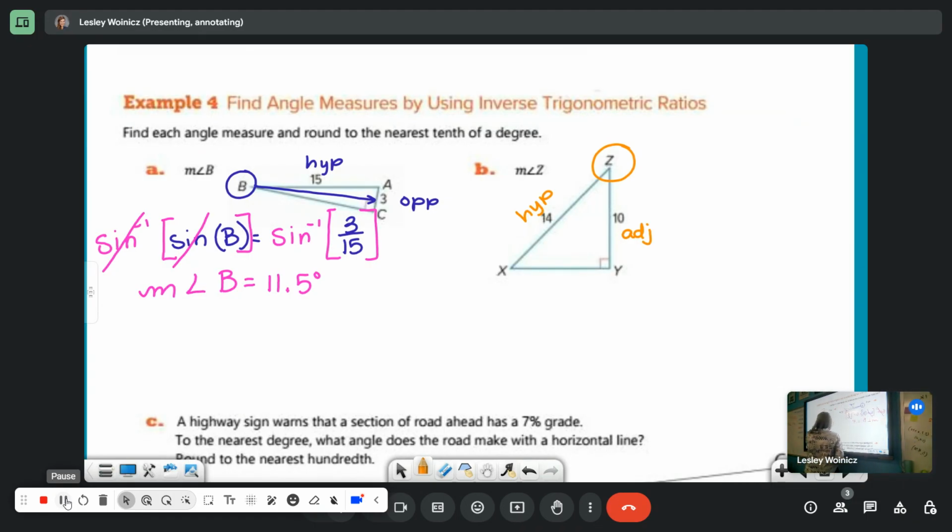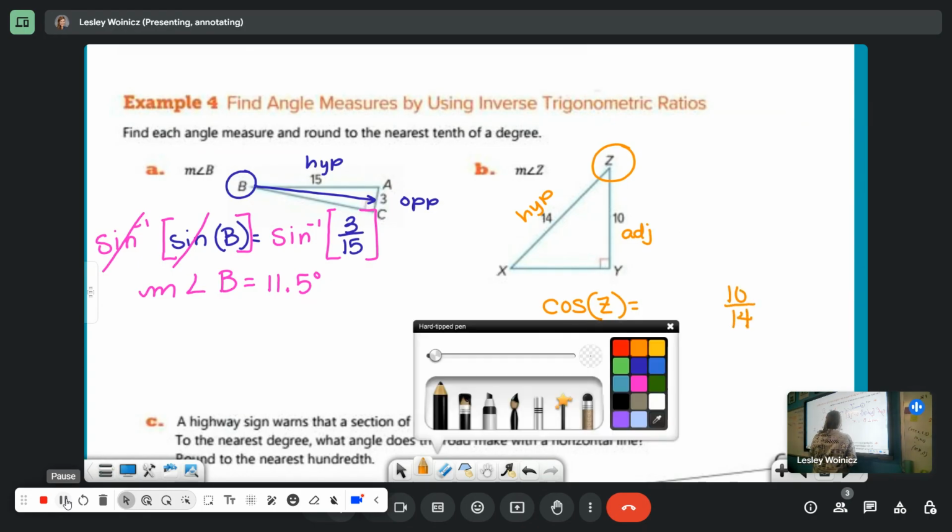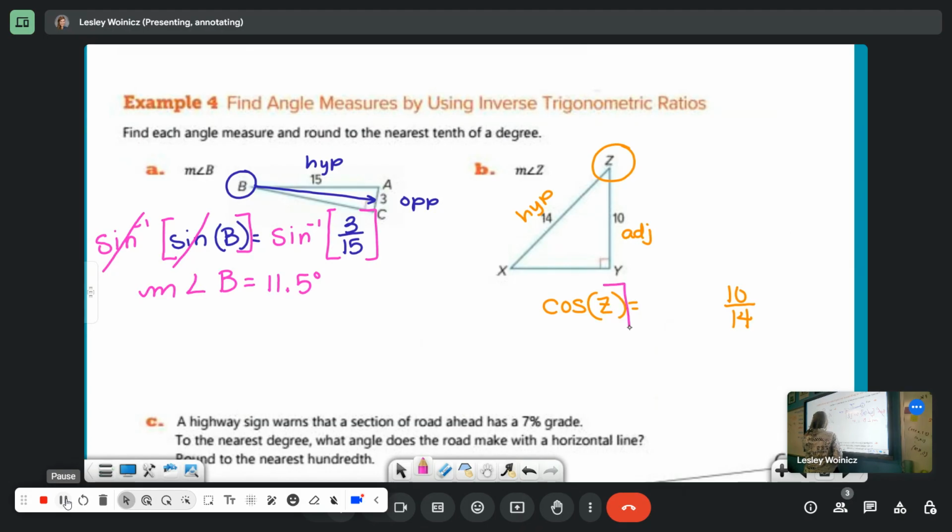So we know that the cosine of Z is adjacent over hypotenuse, 10/14. How do we undo cosine? Inverse cosine.